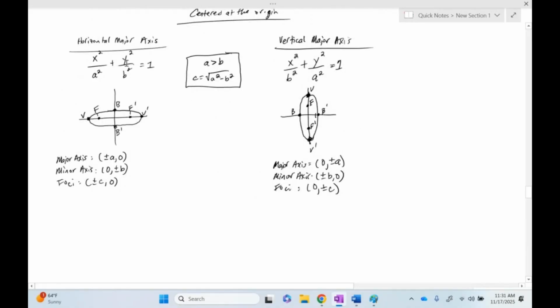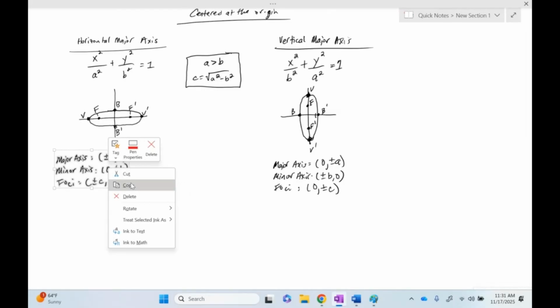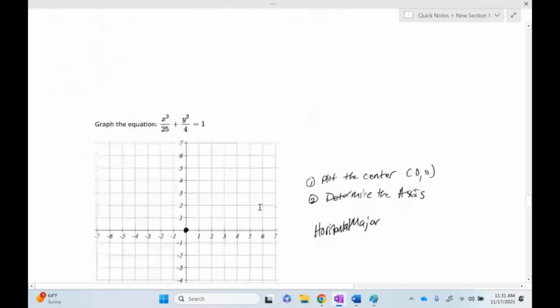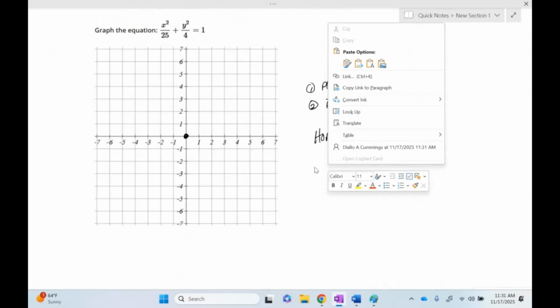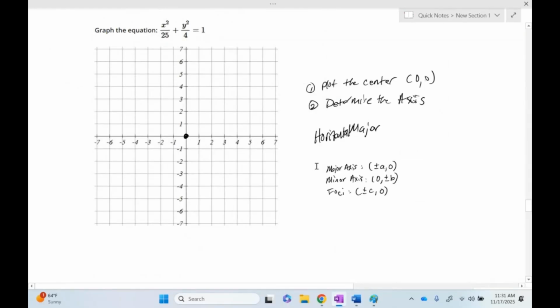If I have a horizontal major axis, notice the coordinates for the major axis, and I'm just going to cut and paste this really quick. I just copied and pasted this from above.